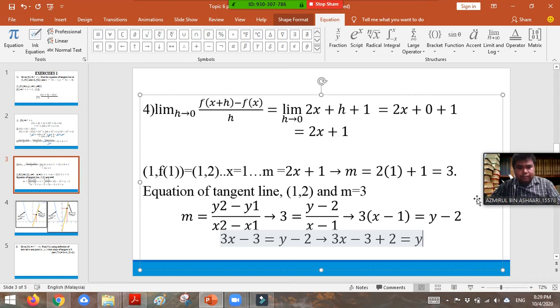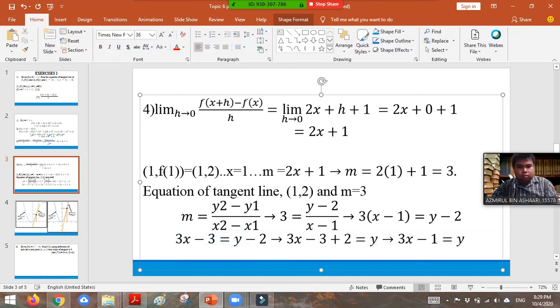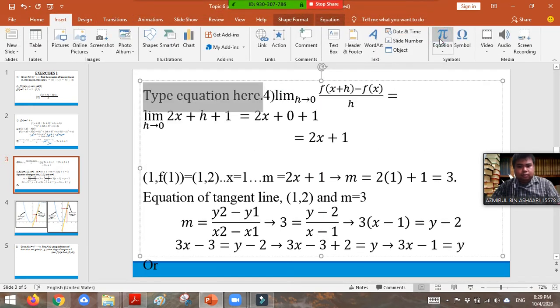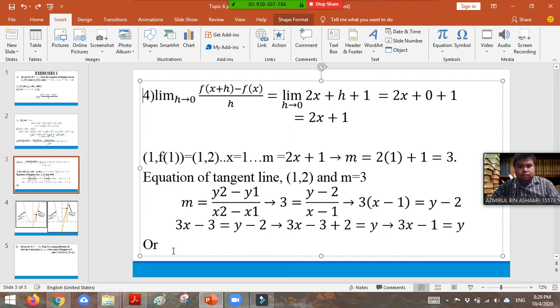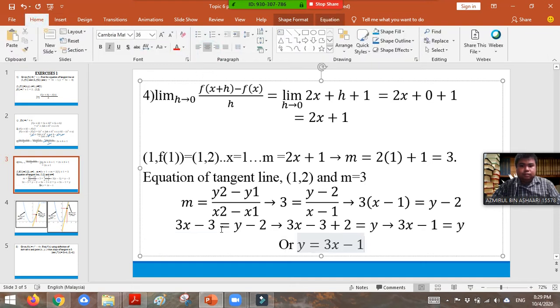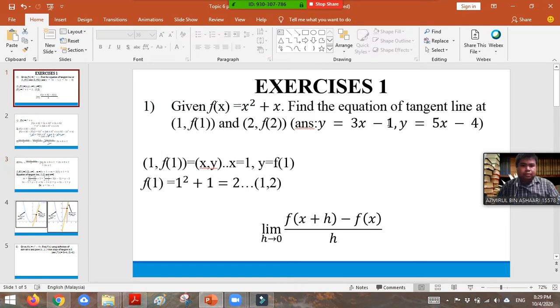And you already get that it becomes 3x minus 1 equal to y, or you can say that y equal to 3x minus 1. Okay, which is y equal to 3x minus 1.